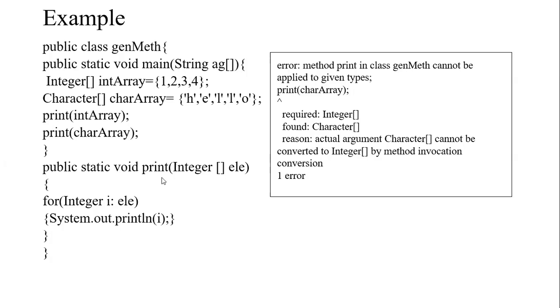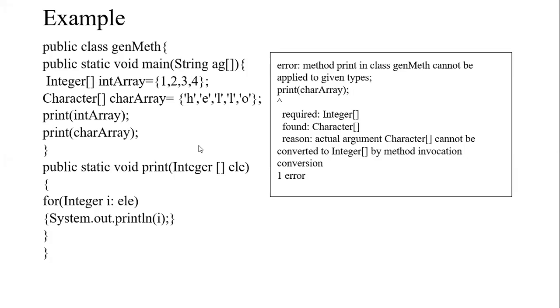The method has been written with an integer array as an argument, so it will accept only the print int array statement, but it will show an error for the other. If you want to print characters also, then you have to write one more print method, but the argument should be a character array this time.